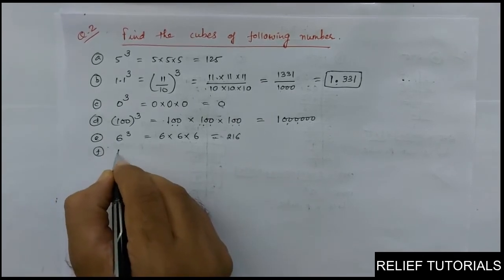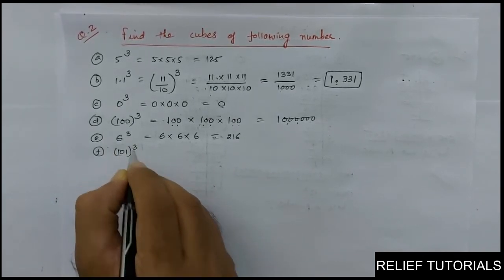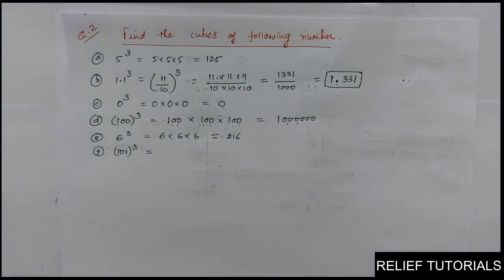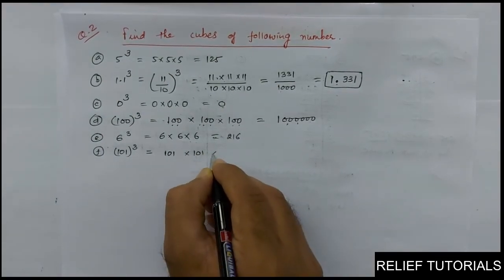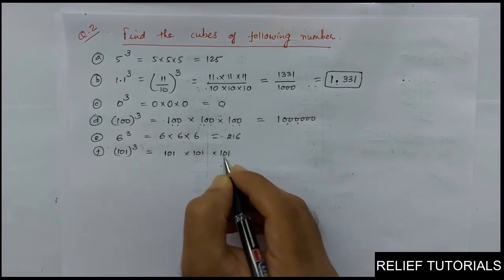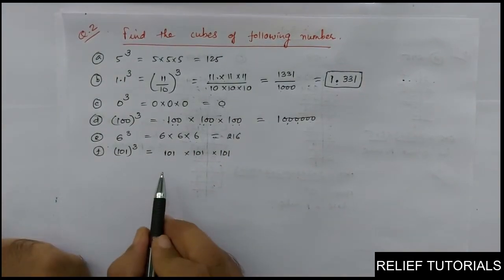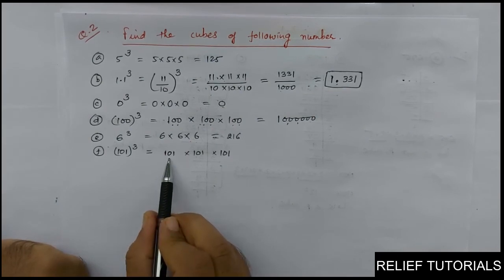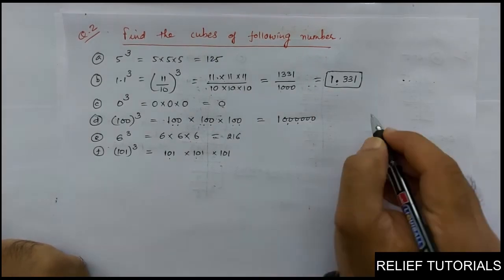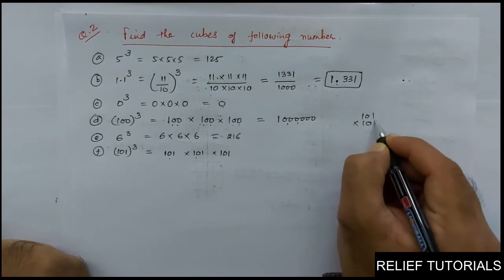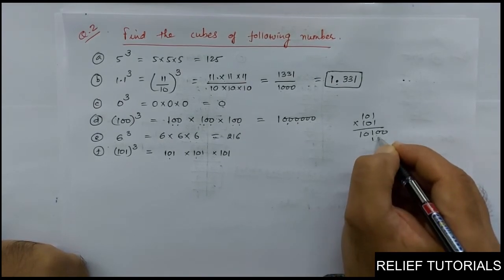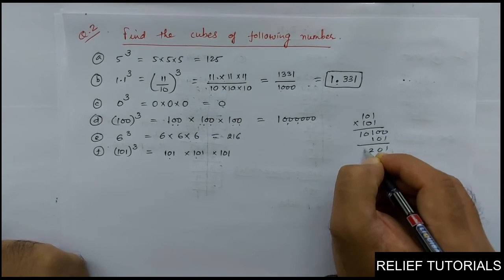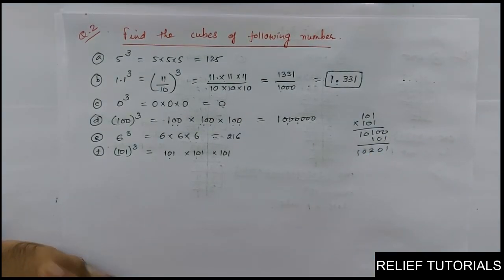F, 101 cube. So it is 101 into 101 into 101. One zero one into 101 is 10201.